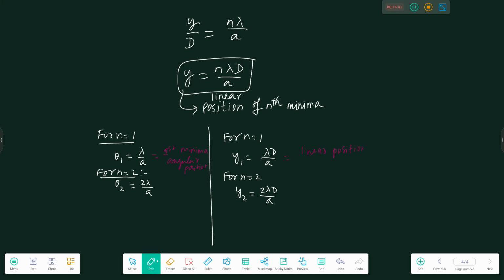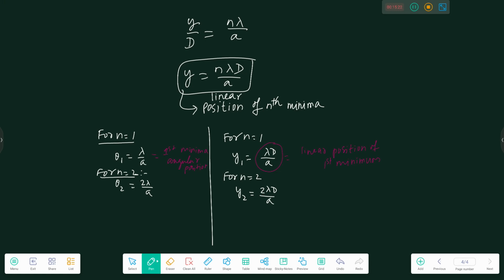All of you can remember one thing: this angle value, lambda by a, is distance by distance, so it will have no unit, or a radian unit, like an angle unit, degree unit. But for linear position the unit is meter, centimeter, millimeter. Mostly D will be in meter, a will be in millimeter, lambda will be in nanometer. So whatever answer comes for y1, it will come in millimeter or centimeter. Some unit is there for linear position. Did you understand or not? But for angular position it will be degree. So this idea should be clear in your brain.